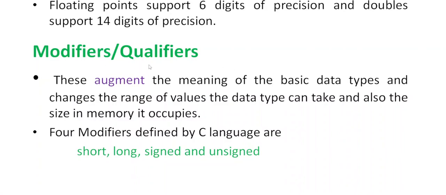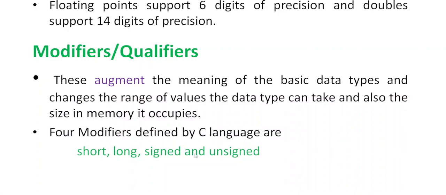Now, modifiers or qualifiers. You have these basic or fundamental data types, and you can augment their meaning. Whenever you augment, the range of values changes, and the amount of memory required also changes. Four modifiers are defined by the C language: short, long, signed, and unsigned.